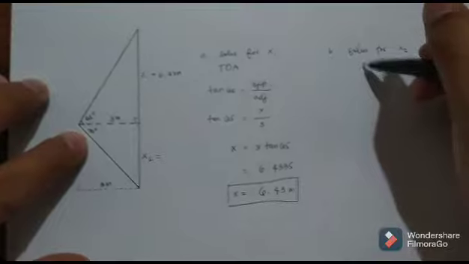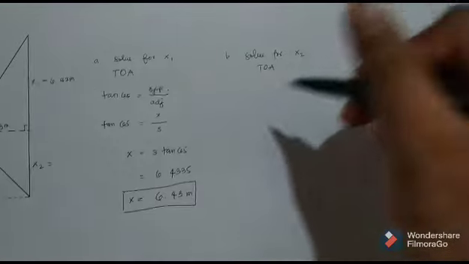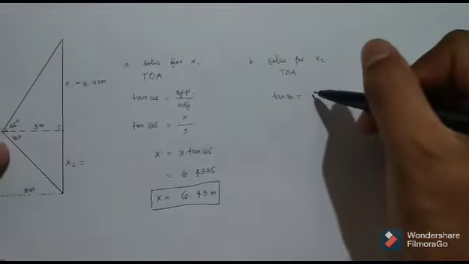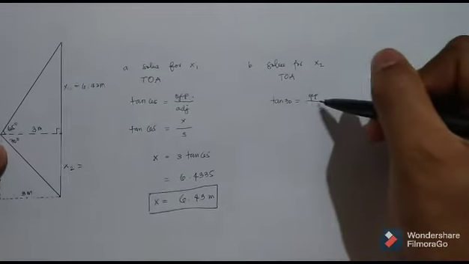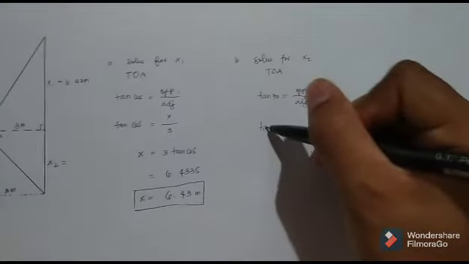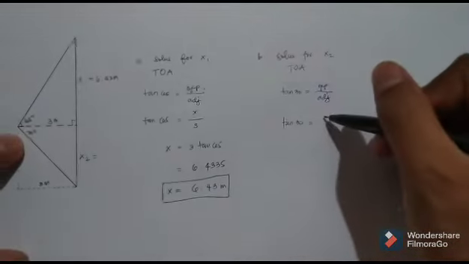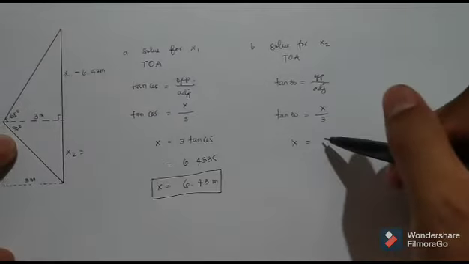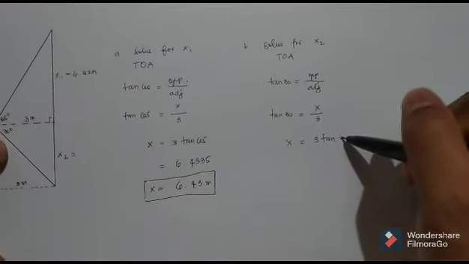So in that case, we still have to use TOA, which is tangent 30 equals the opposite over the adjacent. By substitution, that would be tangent 30 equals x, which is our opposite, over 3. So by cross multiplication, you would have x equals 3 times tangent 30.